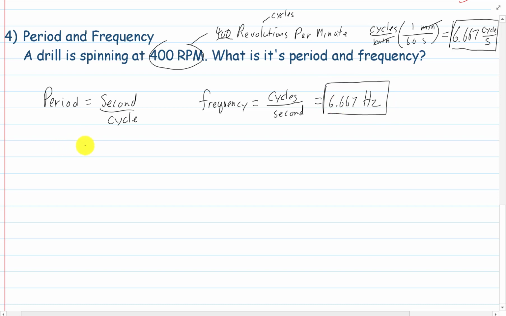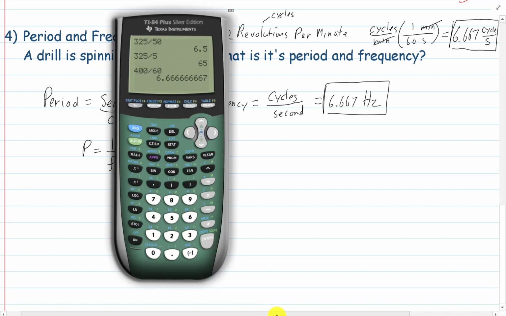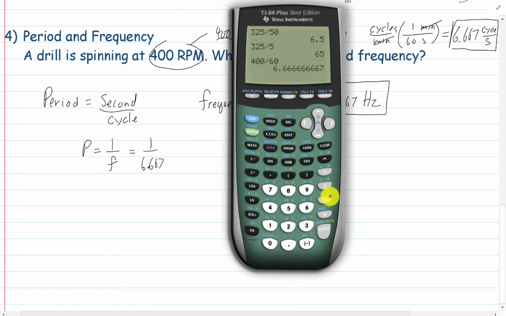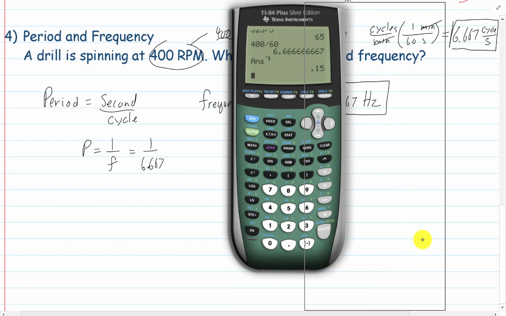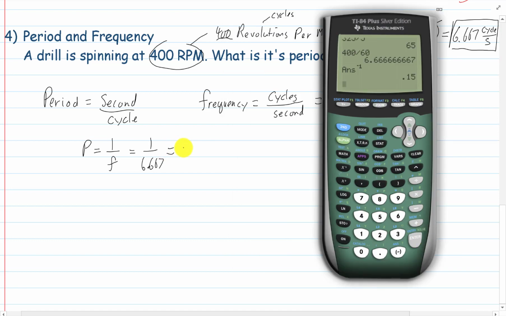And the period is going to be equal to 1 over the frequency. So this is going to be 1 over 6.667. So I reciprocate this answer, and I get the period is 0.15 seconds.